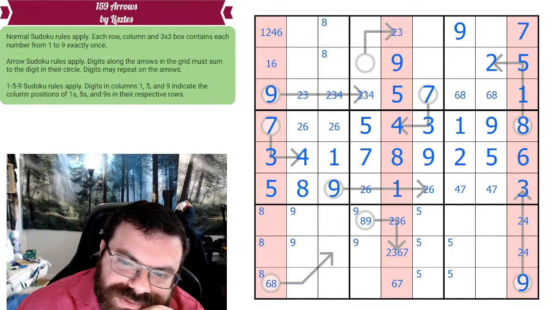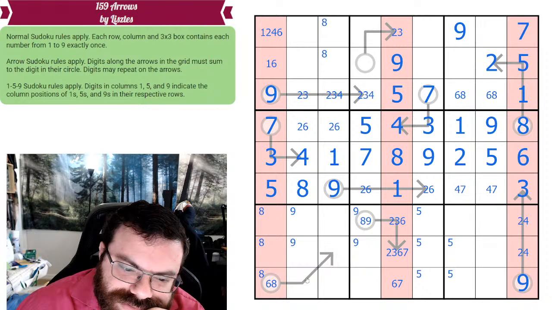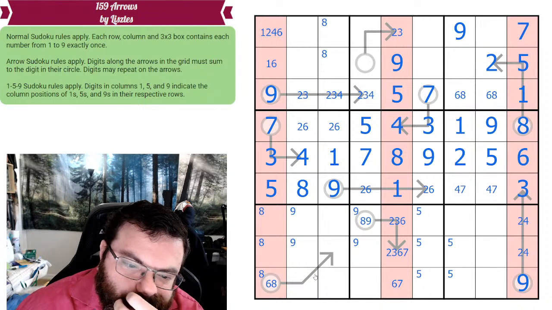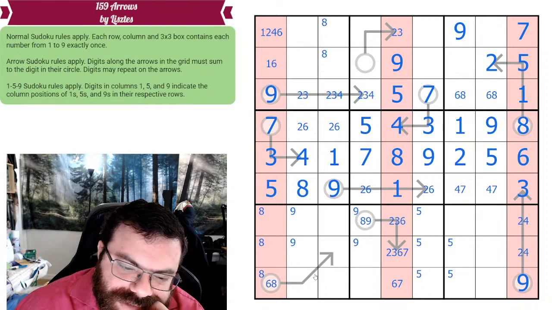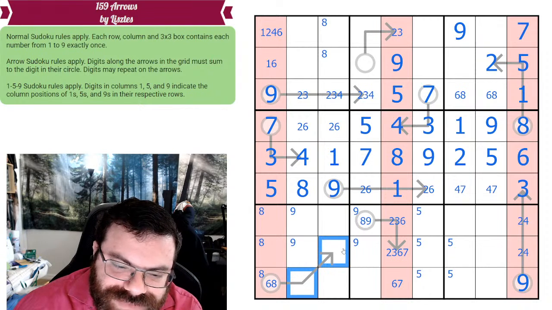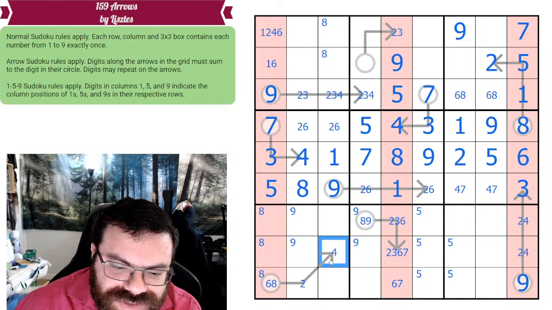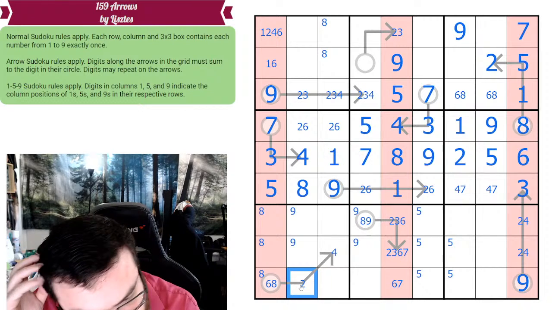Two arrows I've barely used. There's this one as well. Well, the only way to make 6 is 2, 4. That would go this way. I feel like 8 has more options.